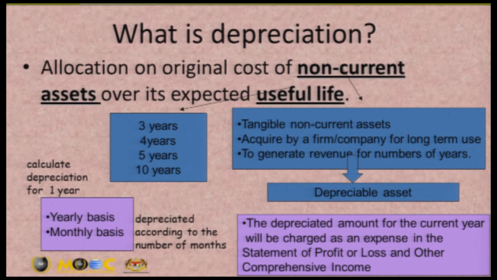And if the asset is acquired for less than 15 days of the month, the depreciation will not be provided for that month. For example, if the company bought the machine on 20th of April, the number of months to be depreciated is starting from May until December, and it will be only 8 months.